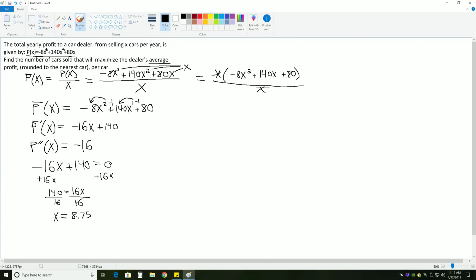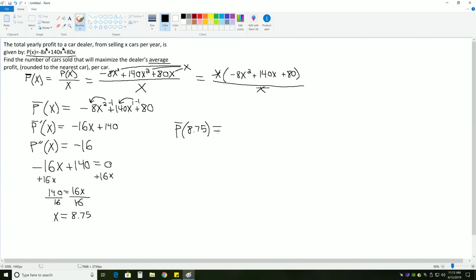Now that we have this number, we need to plug it back into the function that we took our first derivative of. So we need to plug it back into P bar of x. In this case, we'll replace our x with 8.75.